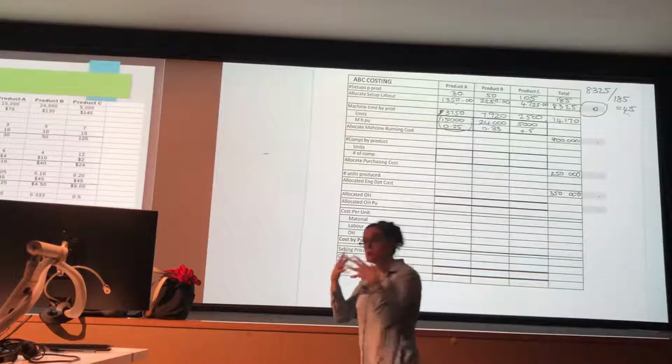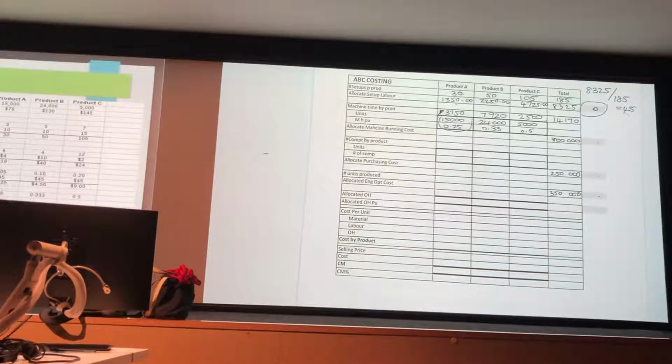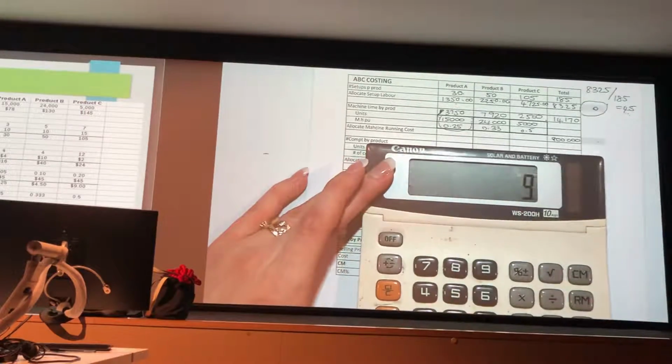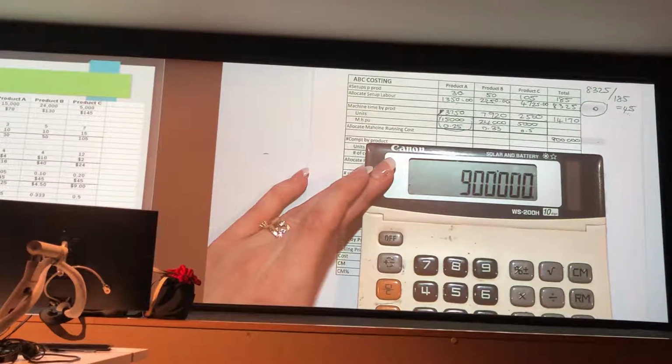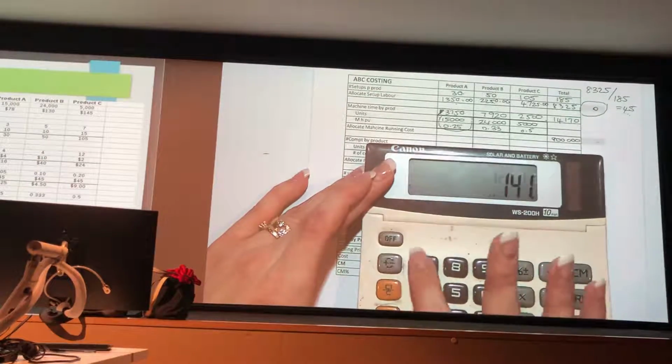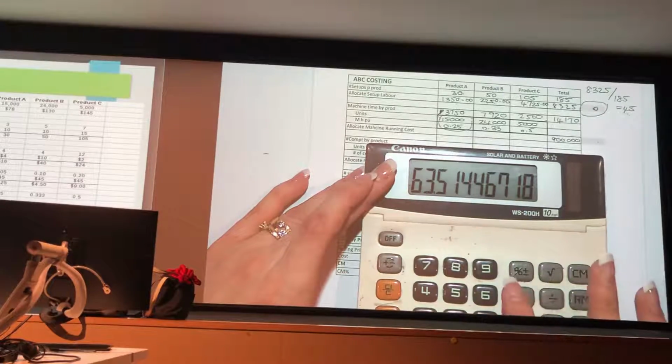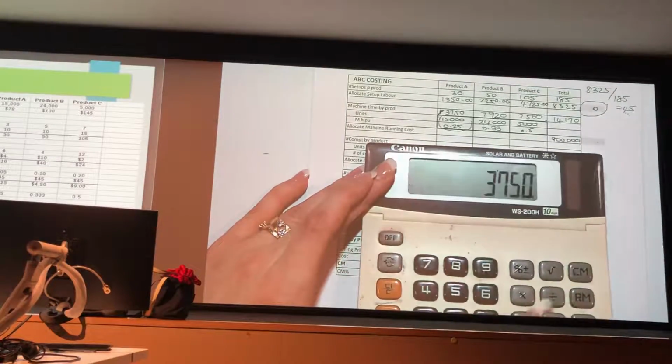So in this particular case, if we take our number, we would say 900,000 divided by 14170. It gives me 63.5144 whatever else. We times it by 3750.